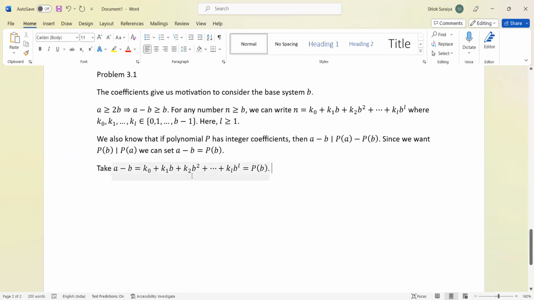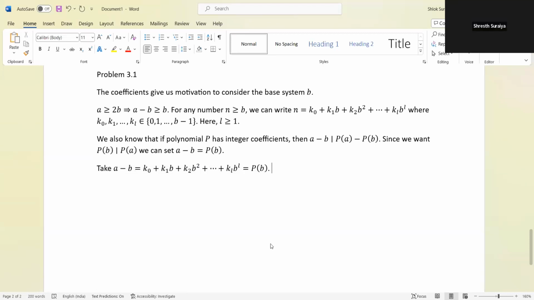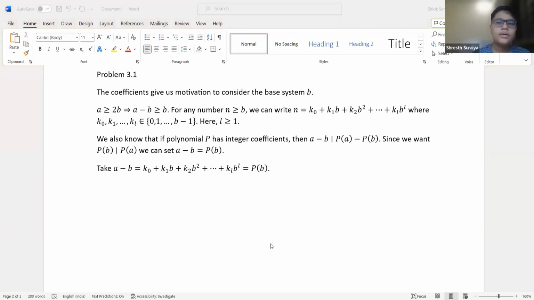So yeah, I'm done. So this is my polynomial: P of x equals k0 plus k1 x plus so on till kL x to the L. So there does exist such a polynomial, and here's a construction.